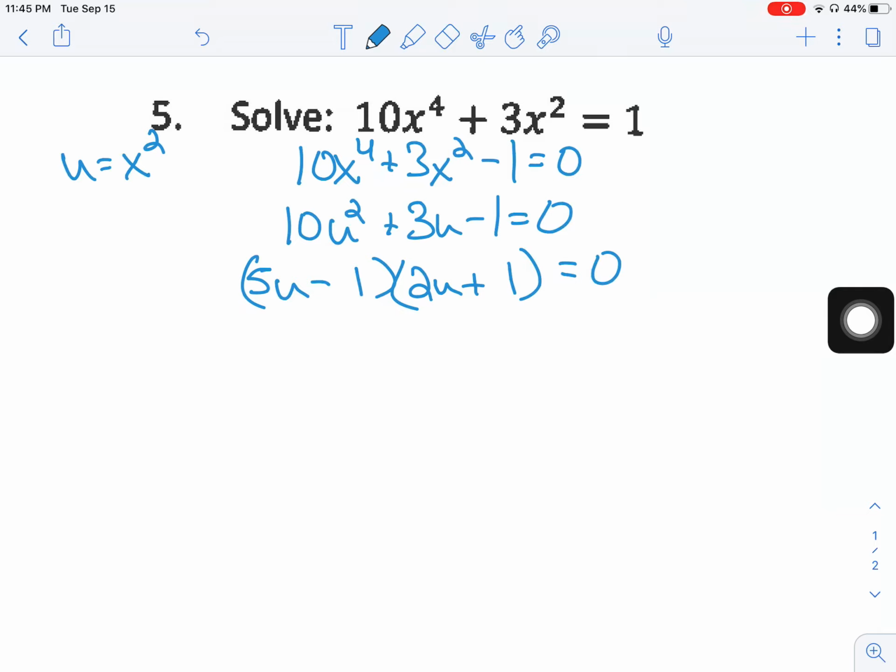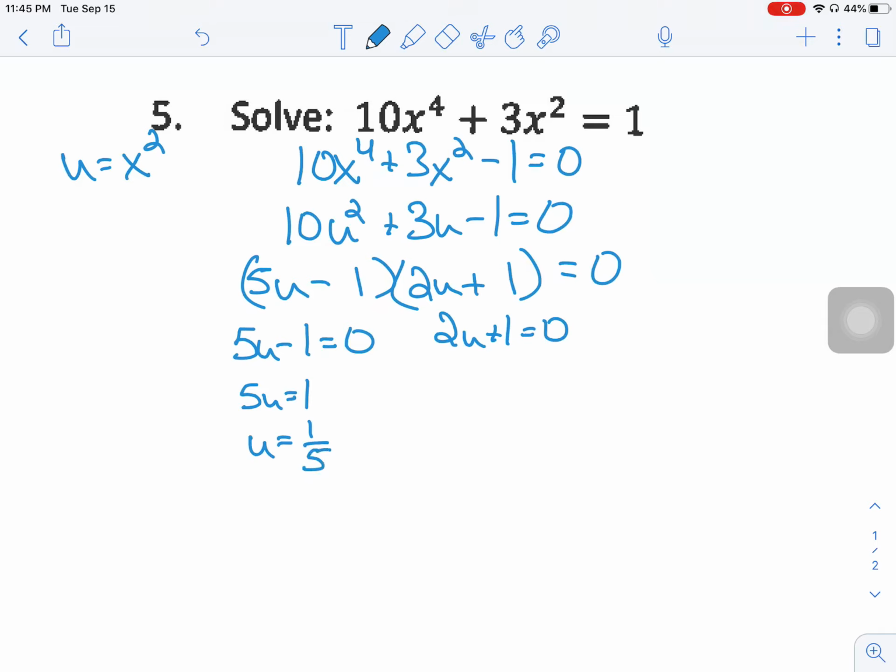So I've got the correct factors at this point. I'm going to take each factor, set it equal to 0, and I'm going to solve them. So 5u equals 1, which makes u equal to 1/5. We've got 2u is equal to negative 1, and then u is equal to negative 1/2.